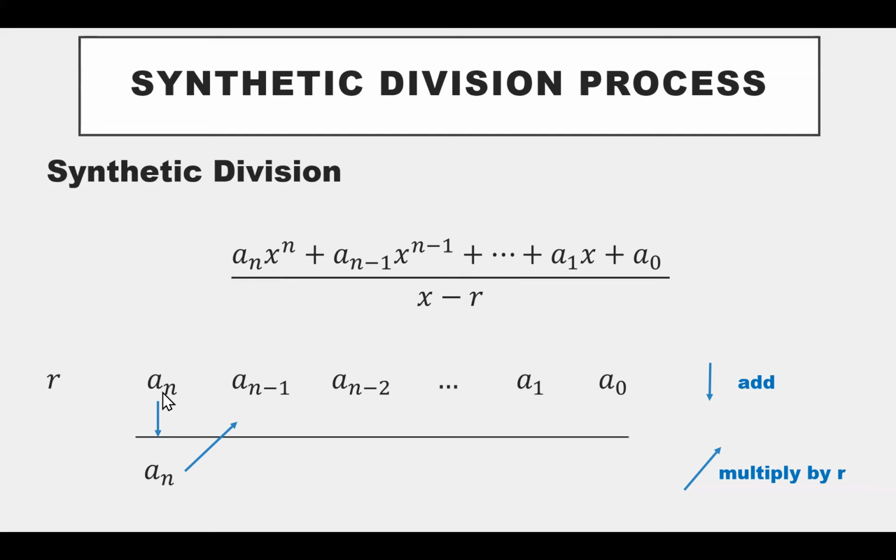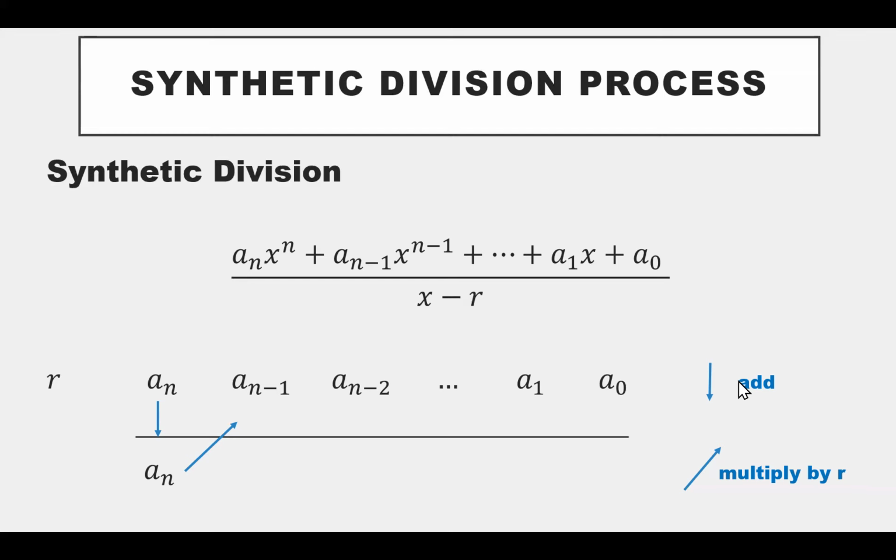Then what I do is I drop down the first term. That is a sub n. Then I'll multiply a sub n by r and put it right here. So that'll be r times a sub n.